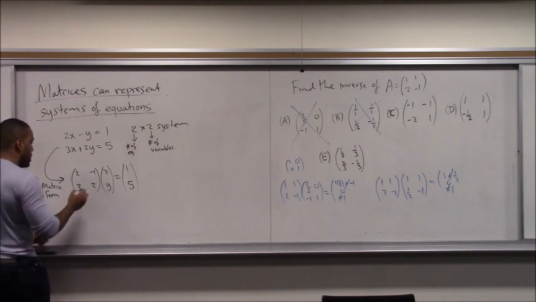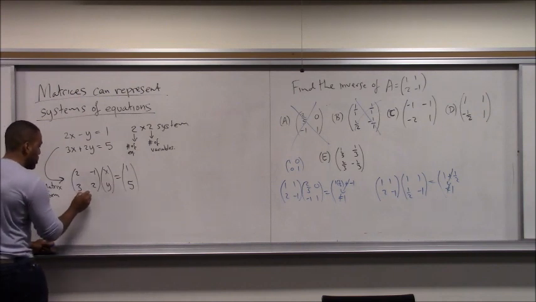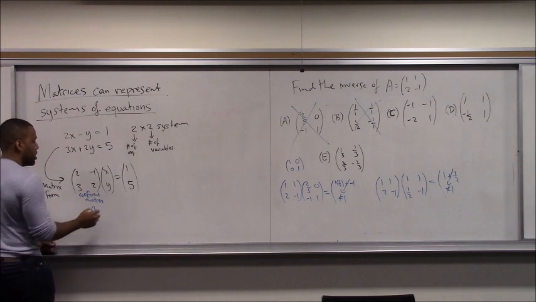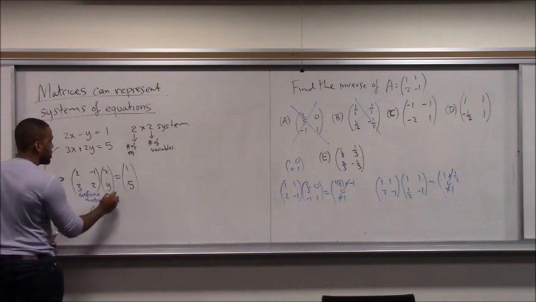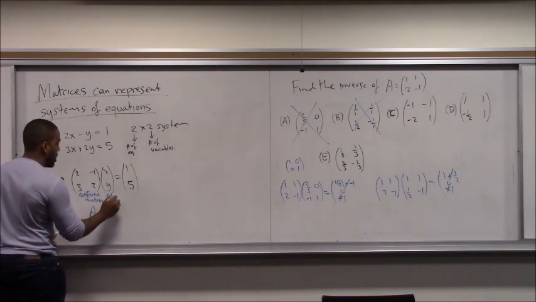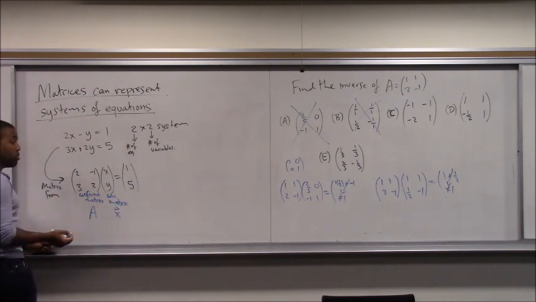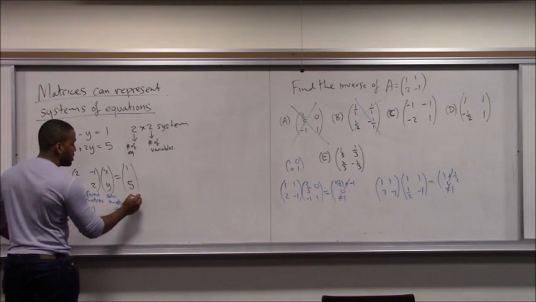This was called the coefficient matrix, usually denoted by A. This is called the solution matrix, usually denoted by X with a vector or a bold X, and this is called the constant matrix.